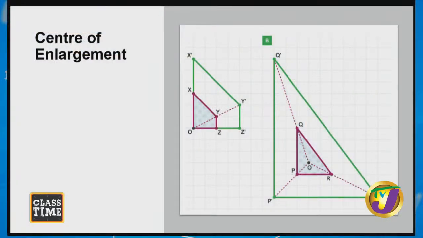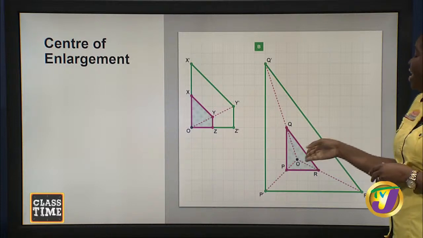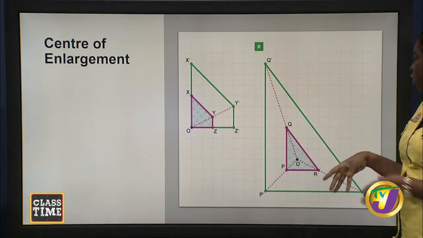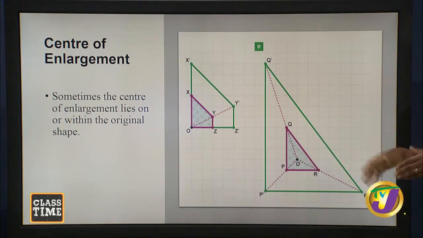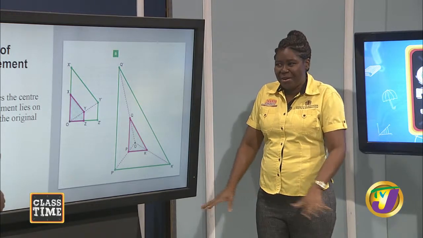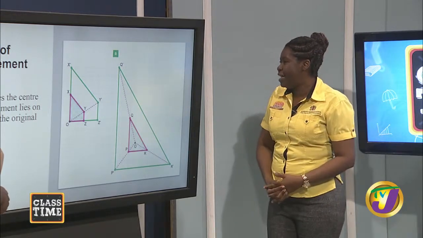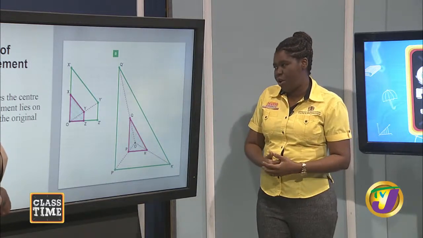In this case, notice center of enlargement O is on the object, or it can also be inside the shape. Notice O here is within the original shape. Sometimes we're standing directly under the light, so the shadow is right here within us. It depends on where the light is, so the center of enlargement can be anywhere.